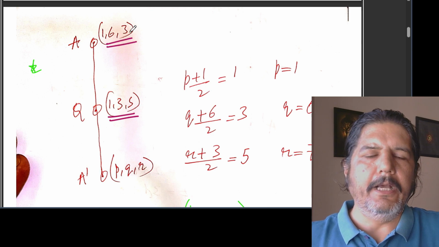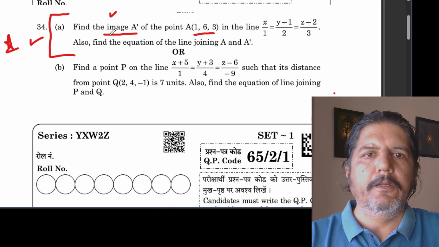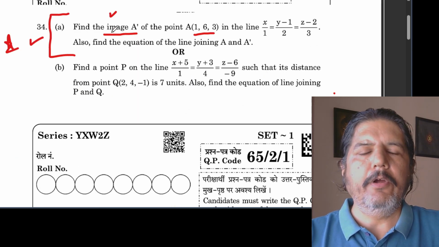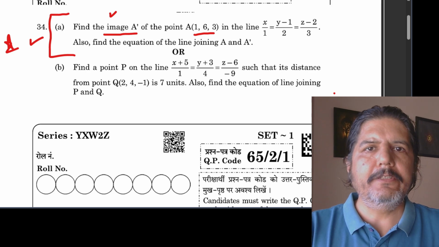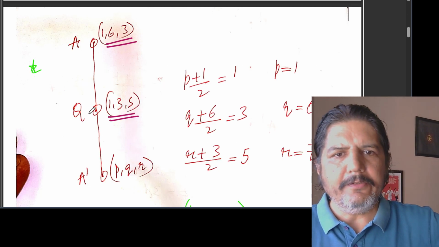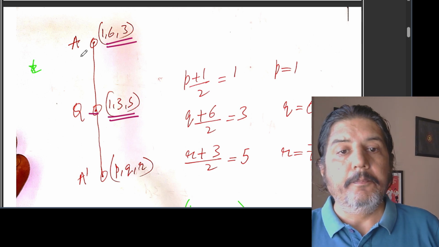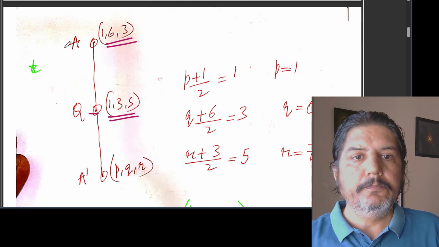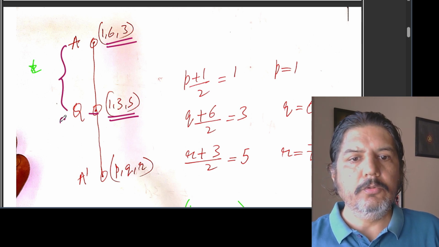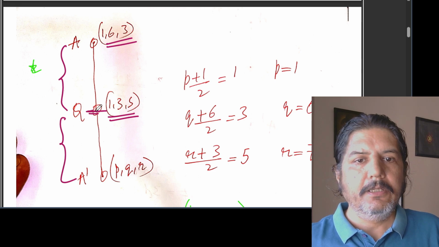Now, as I have told you before, I want to basically find the image AA dash. So this distance AQ is equal to this distance, and this is the perpendicular.